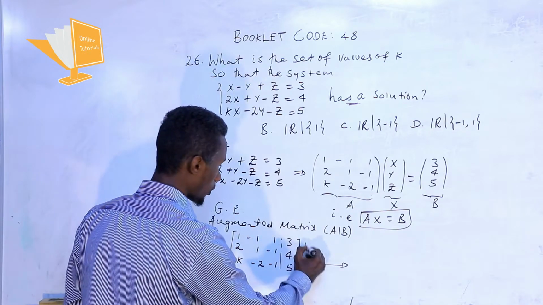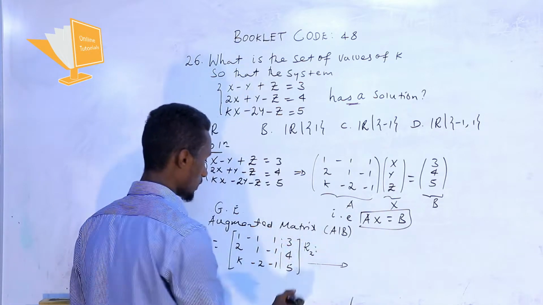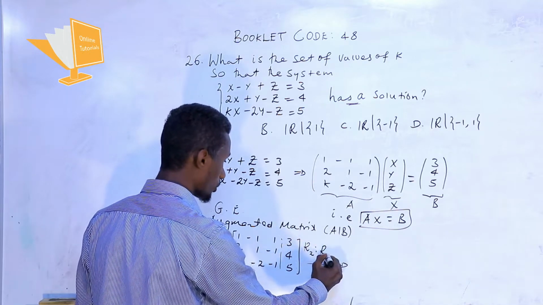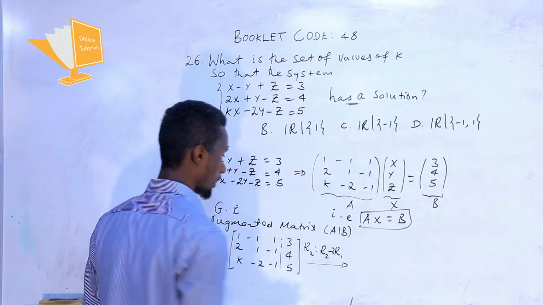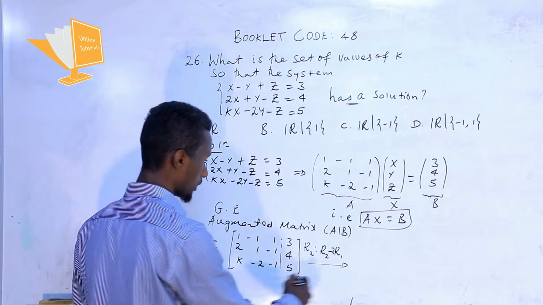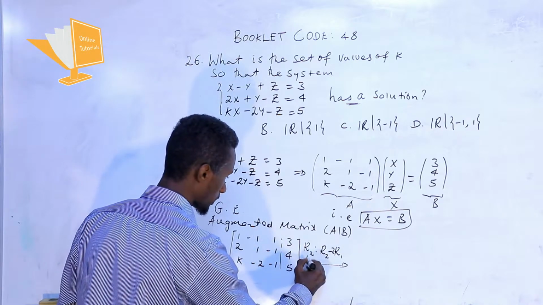How? We must make R2, say that R2 minus R1 multiplied by 2 ይሄን ኦፕሬት ማድረግ የR2ን ኤሌመንቶች ማግኘት እንችላለን.